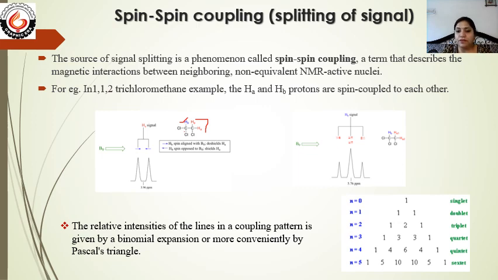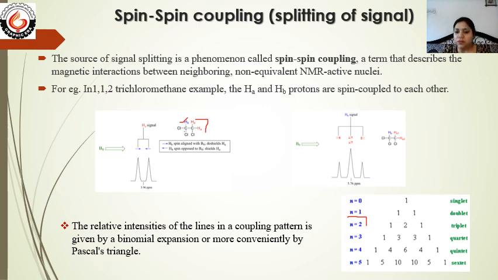But if n equals 1, that means the neighboring carbon has one hydrogen, and in that case splitting occurs into two signals. Clear? Both are in a 1:1 ratio, that means the intensity of the signals will be the same, as you can see in case of HA. HA has one neighboring hydrogen and the signal is split into two parts, and both parts have the same height because both have the same intensity.